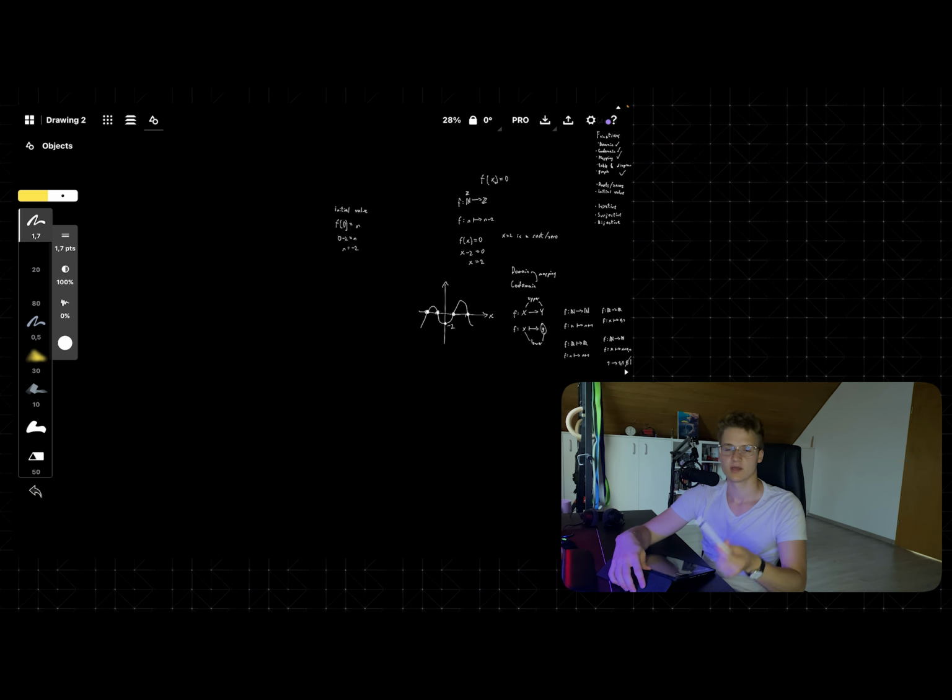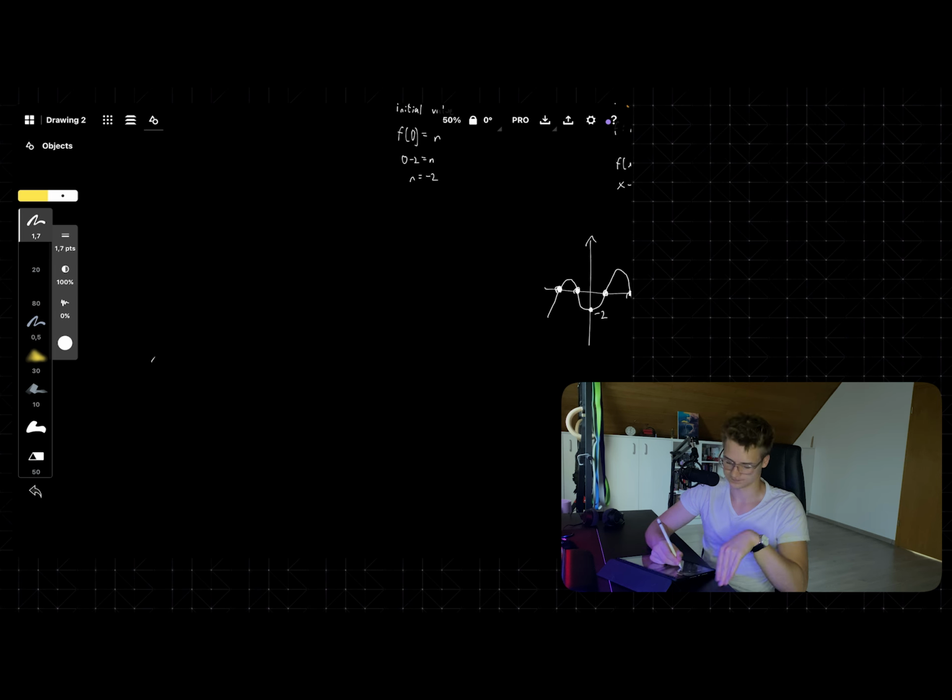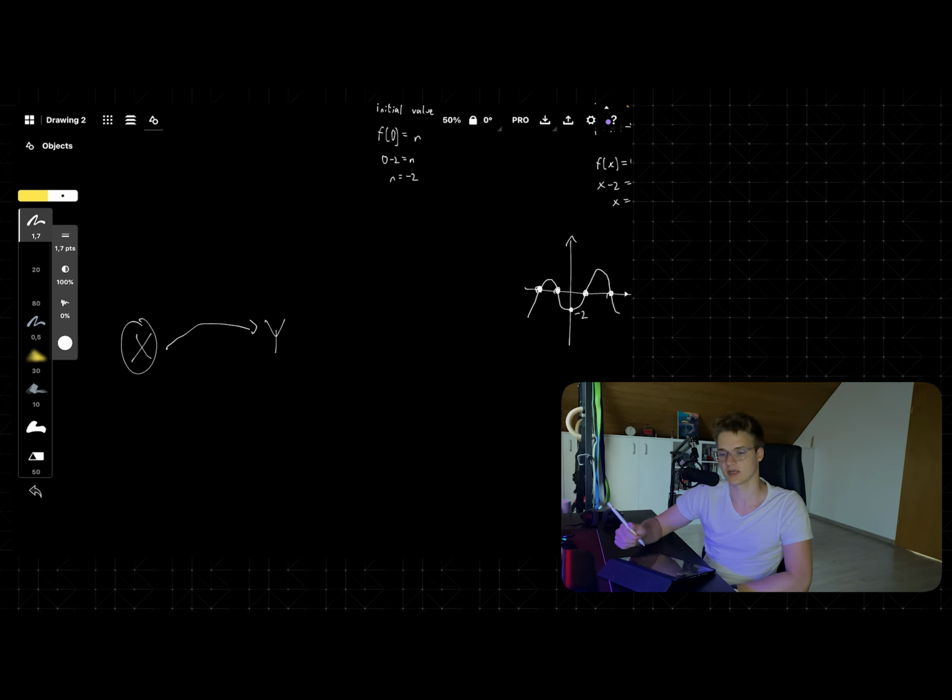Why is that? The reason is that the function cannot have two distinct initial values without it no longer being a function. What I mean by this is that we said it takes one element from x and maps it to exactly one element from y. A single arrow, okay? Each x corresponds to a unique element.